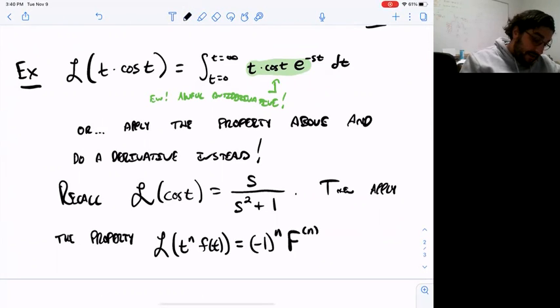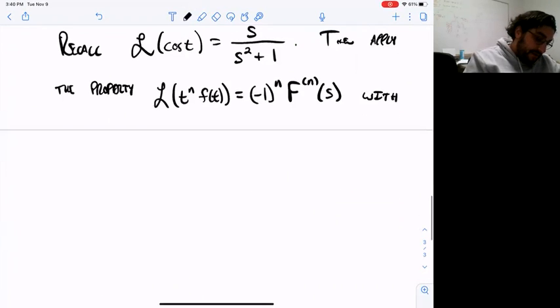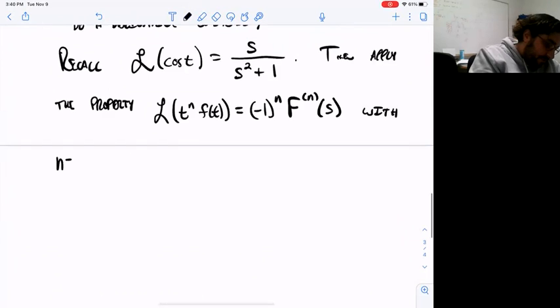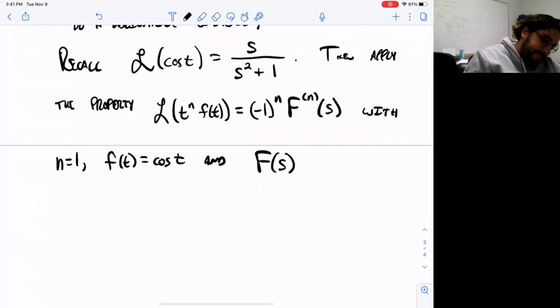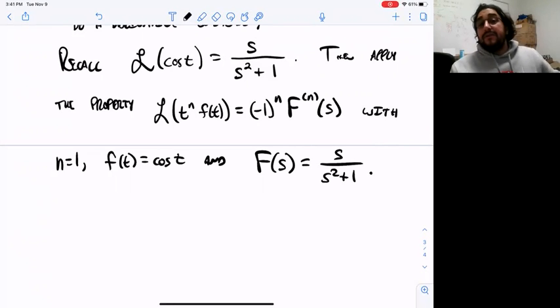And here I want to apply it with what plugged in? I want n equal to 1, little f equal to cosine, and big F is going to be s over s squared plus 1. Those are all the pieces that I'm plugging into this new property that we just proved.